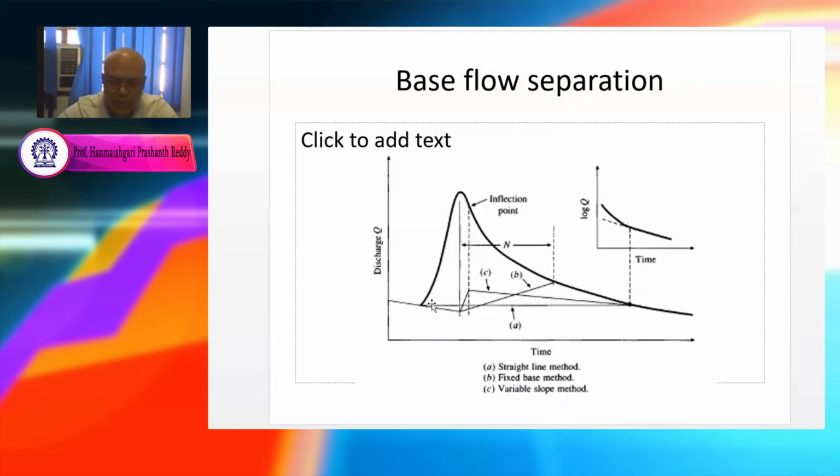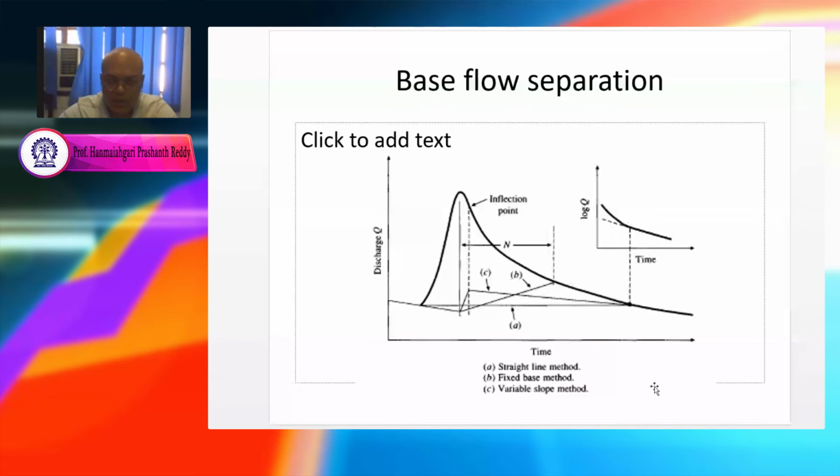You can see that in this flood hydrograph, even before the rainfall starts, there is still a flow here. Even after the rainfall stops, even after a long time, after all the water of the rainfall has contributed to the hydrograph, we can still see there is a flow. So before the rainfall there is a flow, and after the rainfall there is a flow, because this is due to the groundwater contributing to the hydrograph. So we need to separate this.